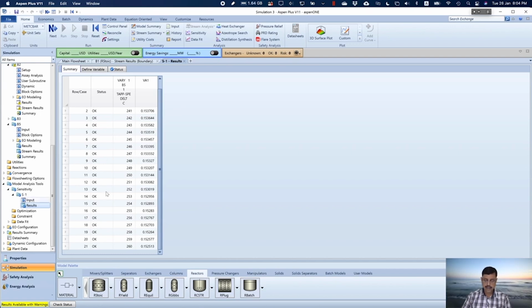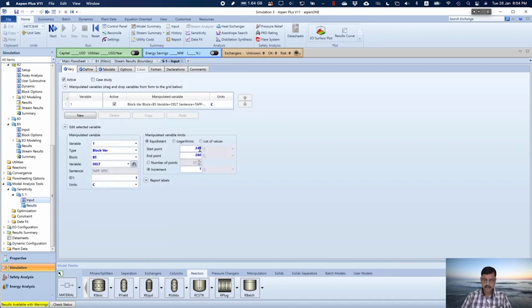So go to input. 246.5 to 247.5 with an increment of say 0.01 and run it once again. So results are available.